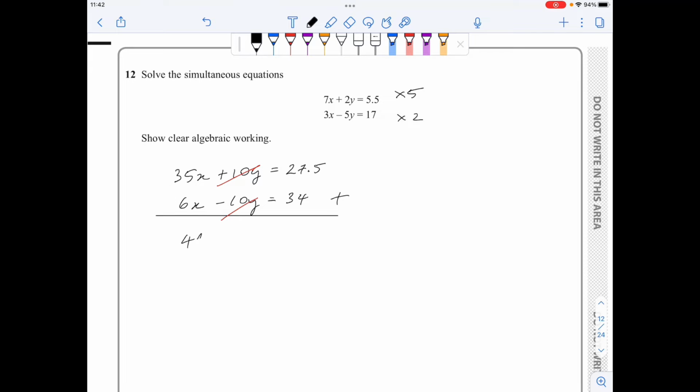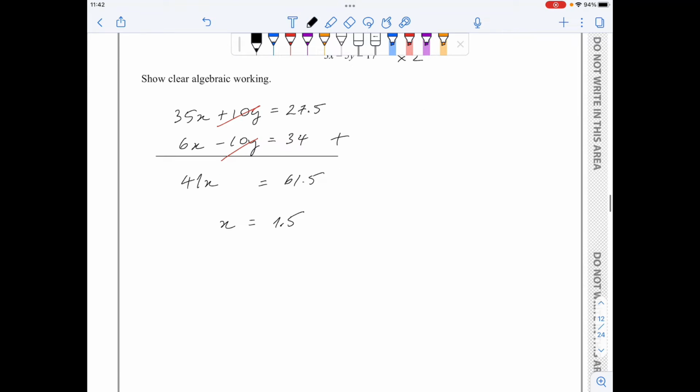I got 41x equals 61.5. So x is 61.5 over 41, which gives me 1.5. And then I will replace x into any of those equations. I'll go with the first one. So 7 times 1.5 plus 2y is equal to 5.5.